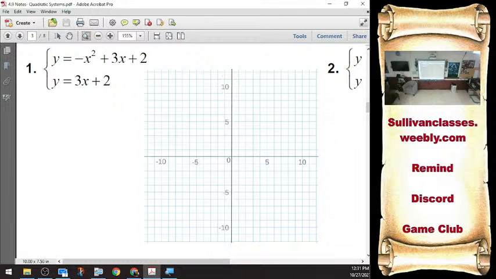Okay, start with 1. Graph the parabola, graph the line. Where do they cross?